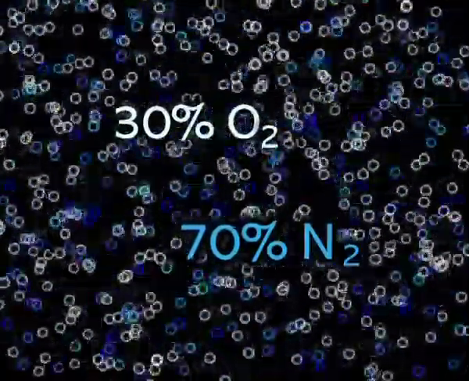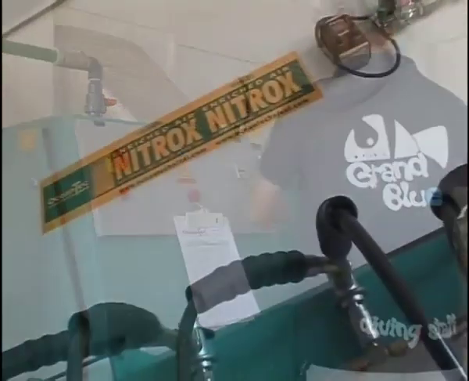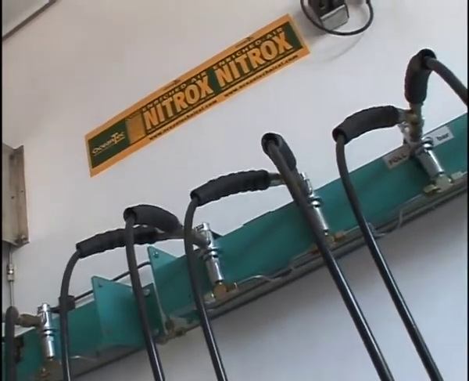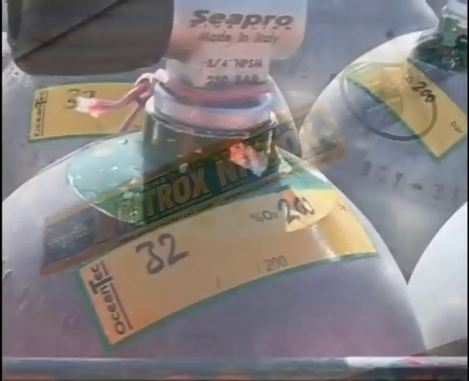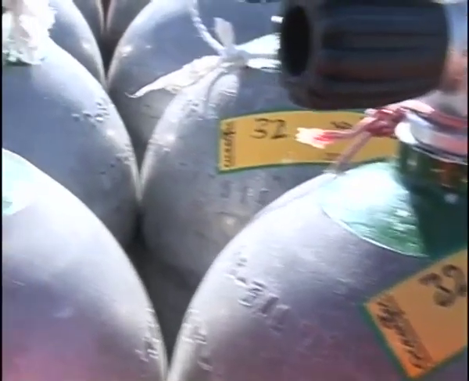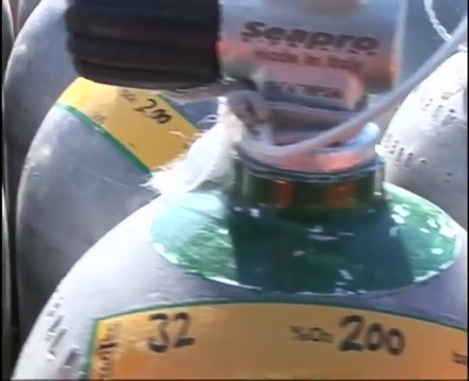Otherwise, we can take nitrogen out of the air. The correct name of the mixes we use for diving activities today should therefore be oxygen-enriched air or nitrogen-impoverished air, depending on how the mixes are produced.